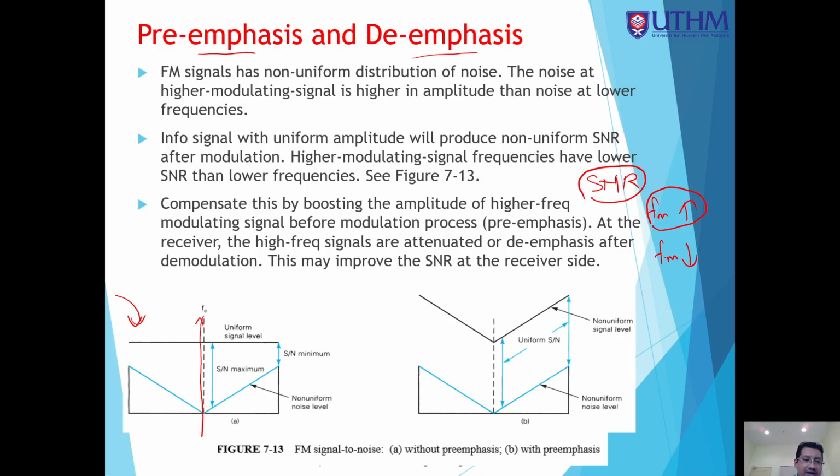Okay, center at FC, and you see in the lecture notes that the output FM signal is a uniform signal because we use a uniform carrier signal.